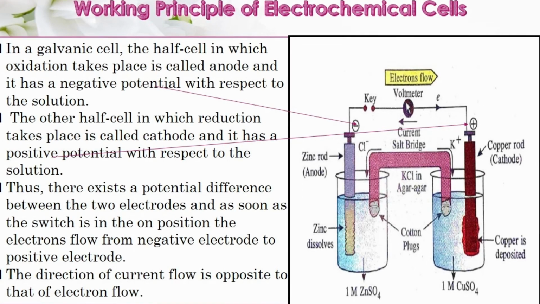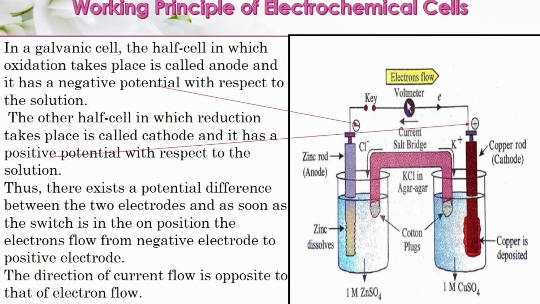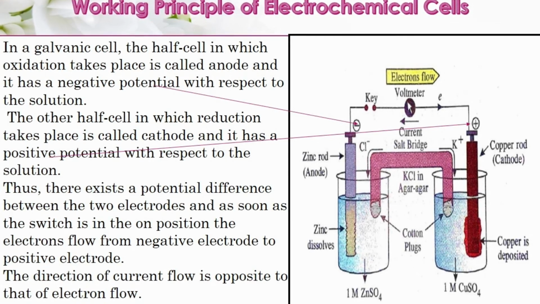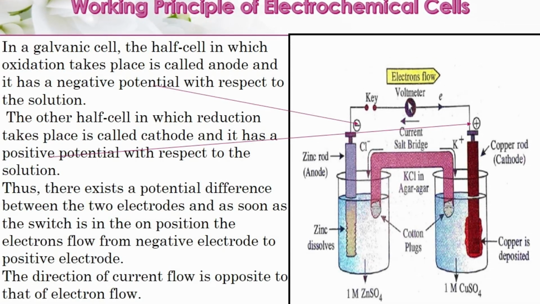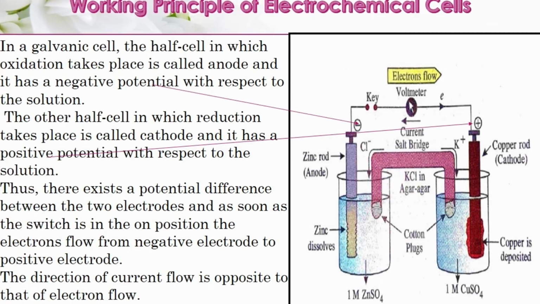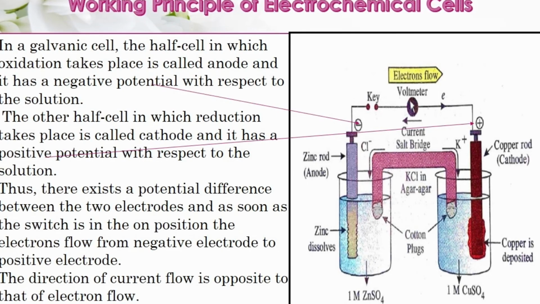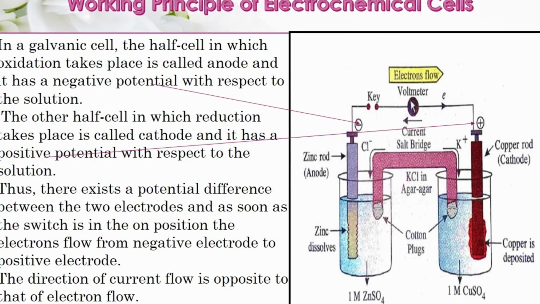When these two electrodes are connected, we can see the flow of electrons from the zinc electrode to the positive copper electrode. So, the current will flow in the opposite direction to the flow of electrons.